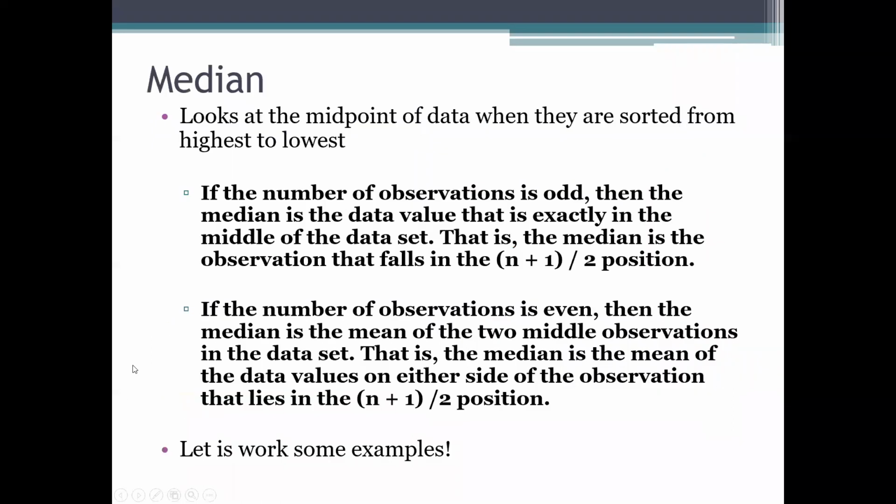All right, the median, which is the middle data value. I want to stress this: there is no special notation for the median.